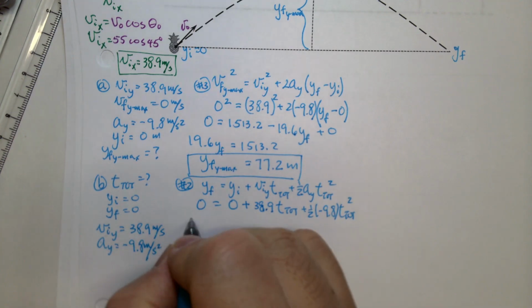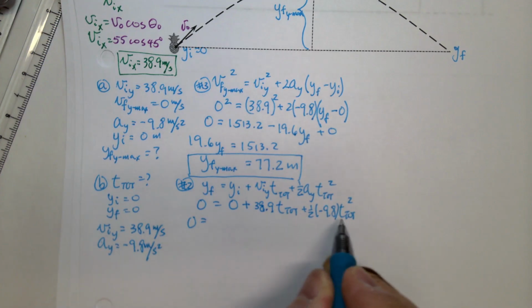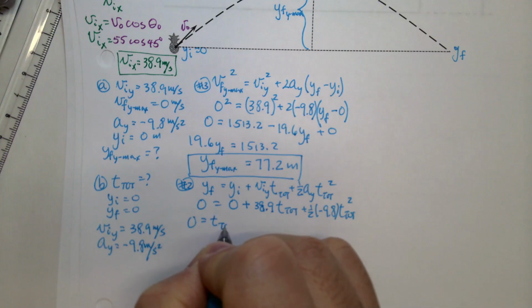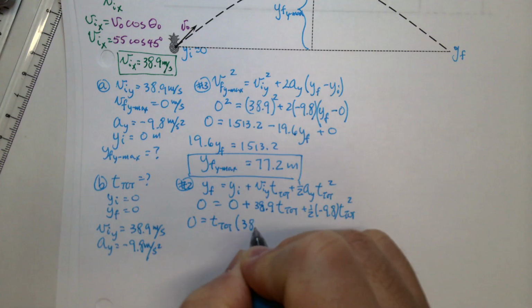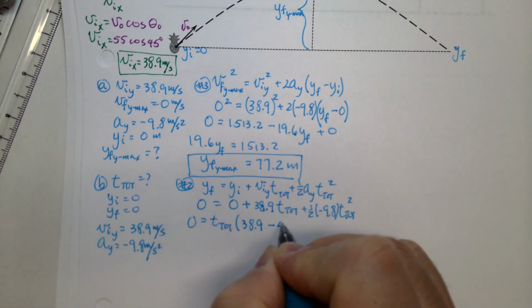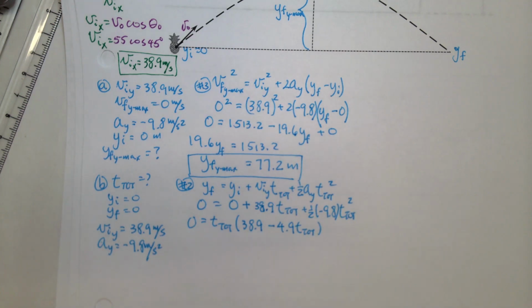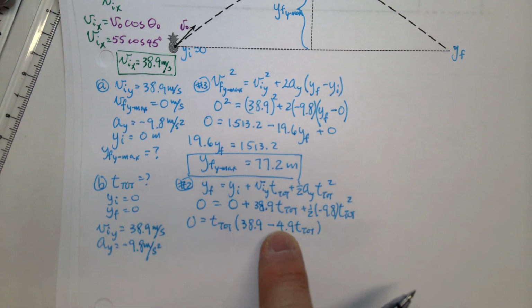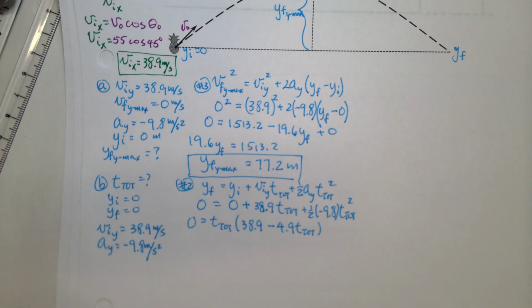Therefore, 0 now is equal to, I can factor out a T total from both of these terms, right? Times 38.9 minus 4.9 T total, right? So either my T total is 0, then it doesn't matter what this parentheses is, 0 times anything is going to be 0, which would satisfy my equation.